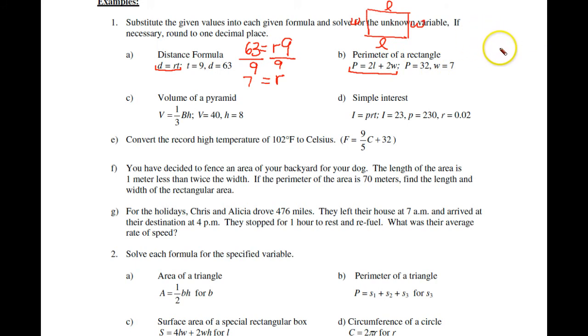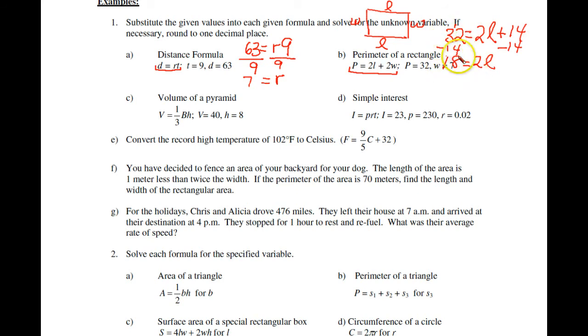Now I'm going to transpose or just subtract 14 from both sides. This lets me do the arithmetic very well. So 2 lengths, let's see now, I need to borrow one here. 8 and 1.